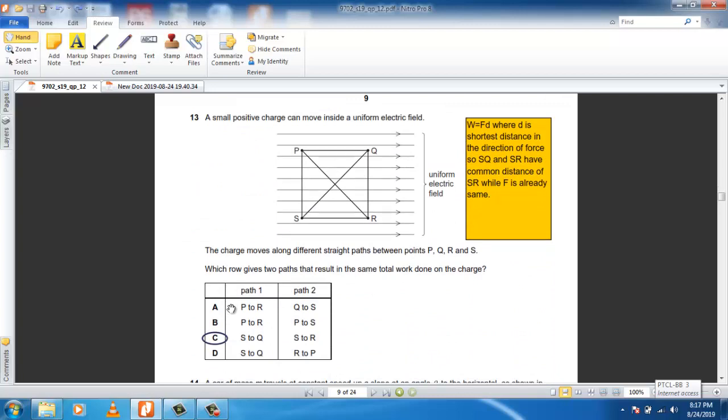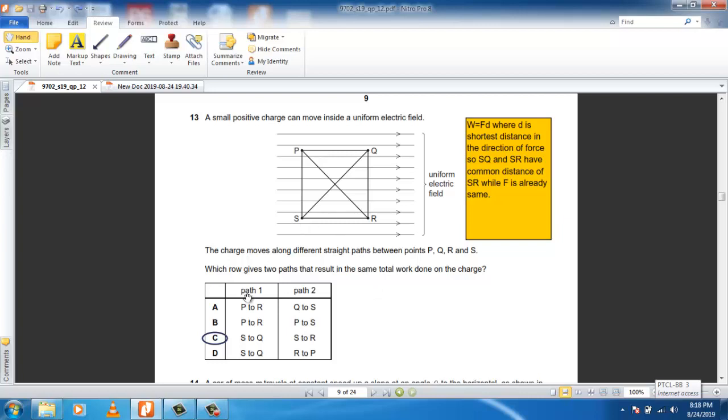Question number 13 says a small positive charge can move inside a uniform electric field. The charge moves along different straight paths between points P, Q, R and S. Each row gives two paths that result in the same total work done on the charge. So work done is F times d, where d is the distance or the displacement.